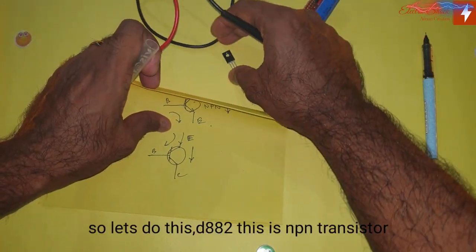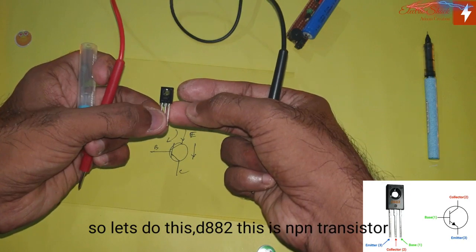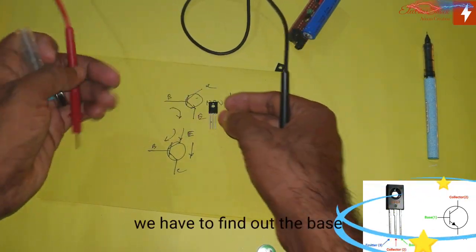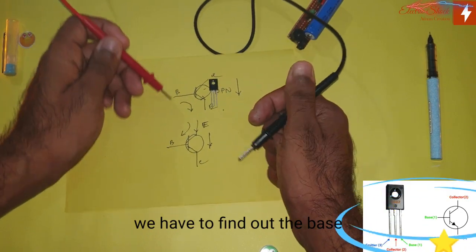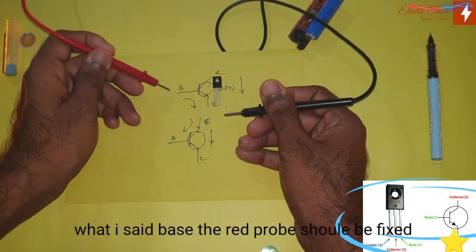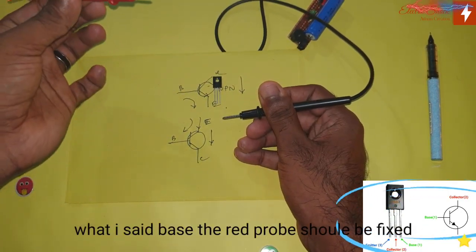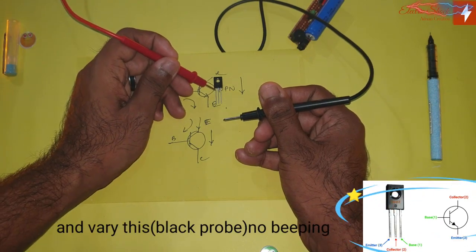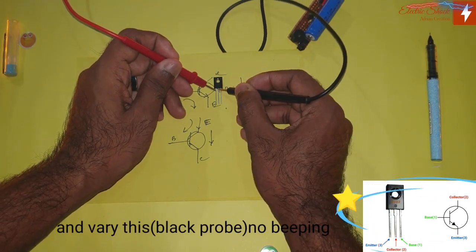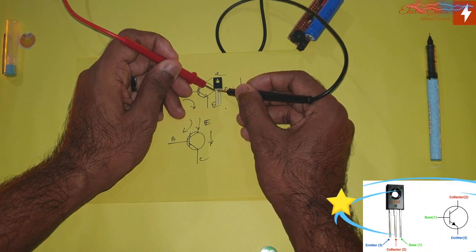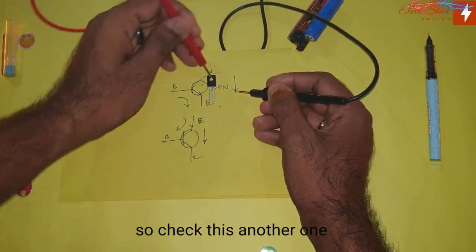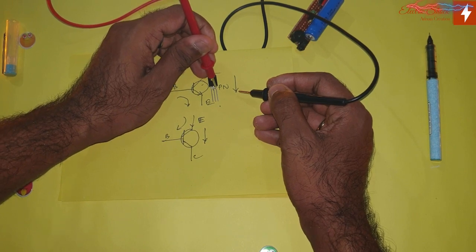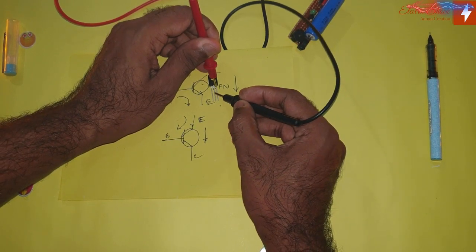So let's do this. D882. This is an NPN transistor. We have to find out the base. So what I said, the red probe should be fixed. This fixed, I vary this, no beeping. So I check another one with the base fixed.